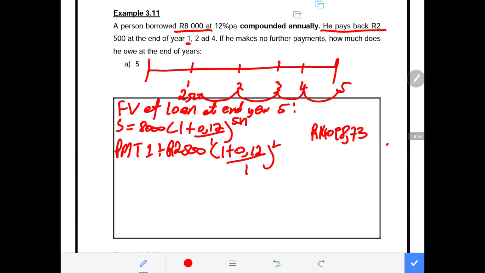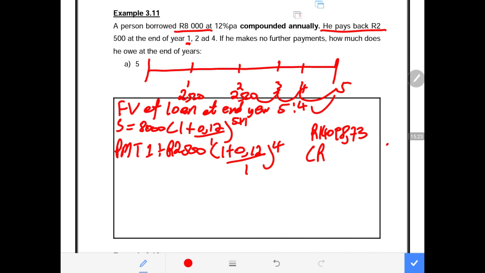The second payment took place at the end of year 2, so it will be 1, 2, 3 years. Then the one at the end of year 4 will only be 1 year. So the future value of the first 2.5 will be for a period of 4 years. Remember, this must be deducted.